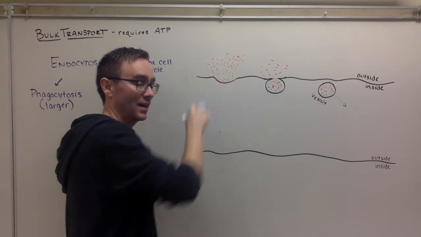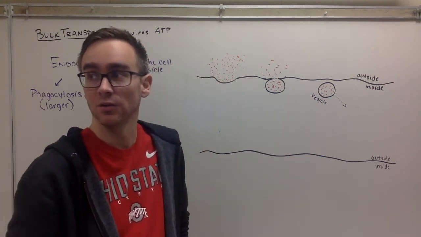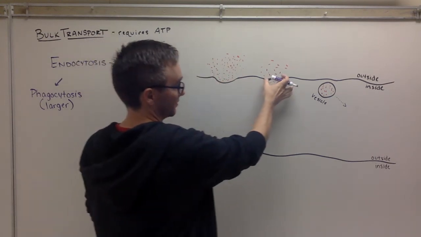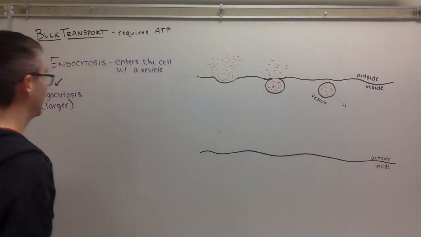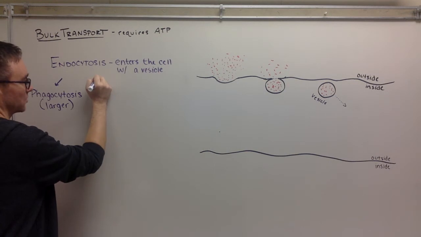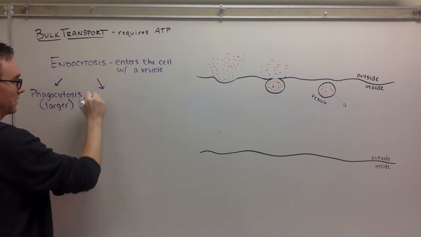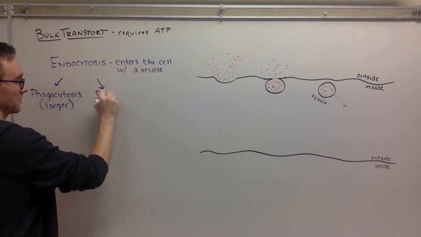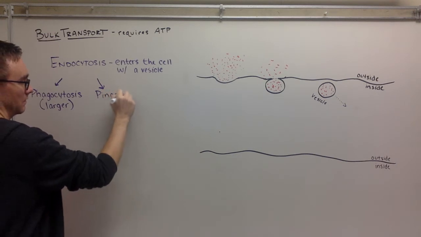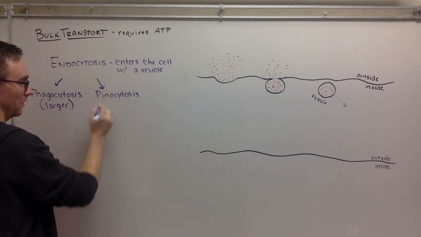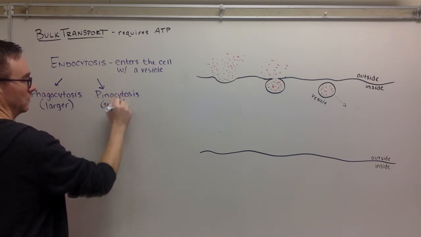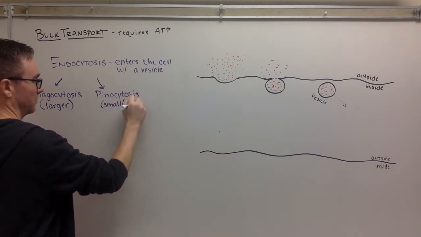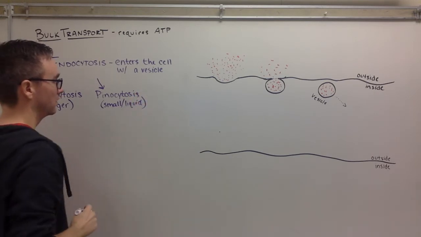Instead of amino acids, it may be a smaller unicellular organism, and they take it in and bring in enzymes to digest it. And sometimes it's for smaller or liquid molecules, and that's called pinocytosis. Pino means small. That's for smaller or liquid materials that you're trying to bring in.